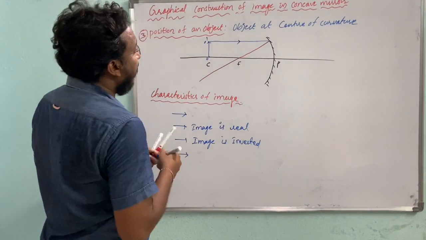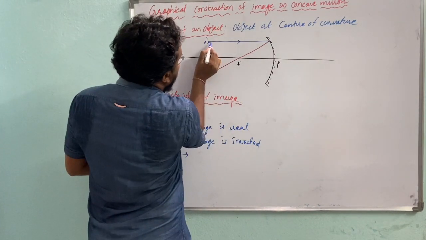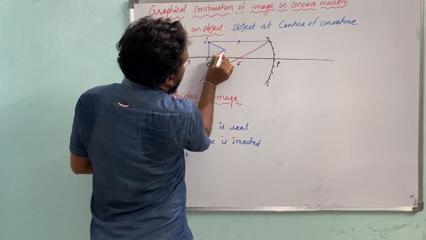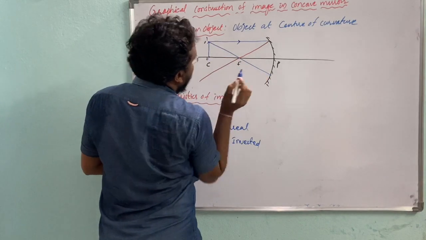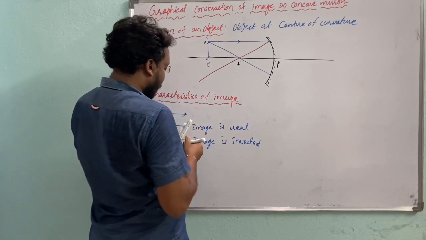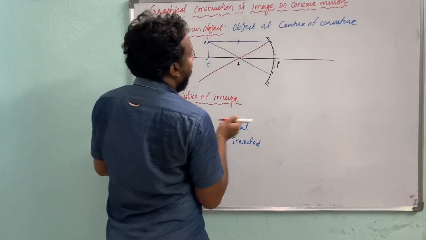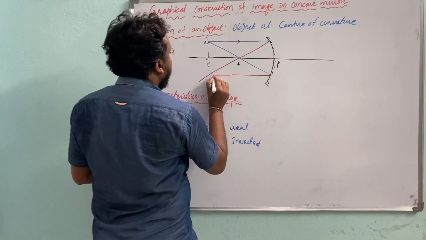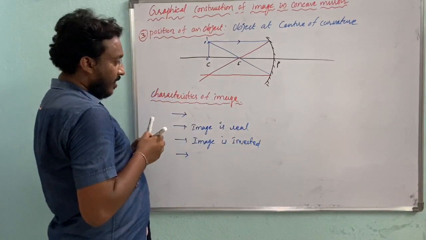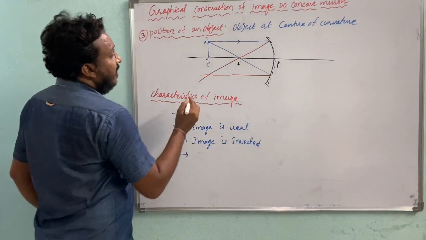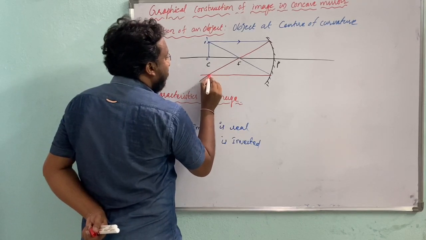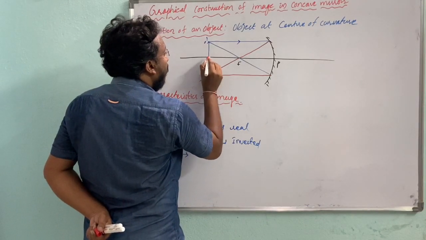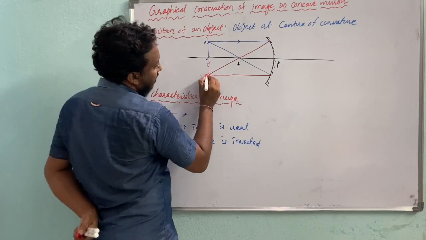Next case, if the incident ray passes through the focus, after that it goes parallel to the principal axis. Okay. Then from the point of intersection we have to draw the normal towards the principal axis.